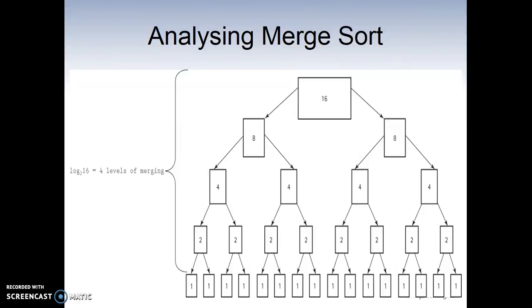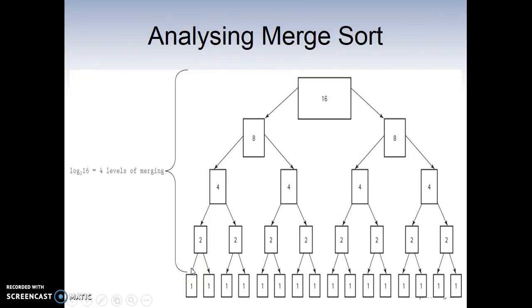Now, when you analyze the MergeSort, if we have a size of 16, we split in half and half, 8 and 8, 4 and 4, 2 and 2, and 1 and 1. So this is only 4 levels that we do sort and merge.